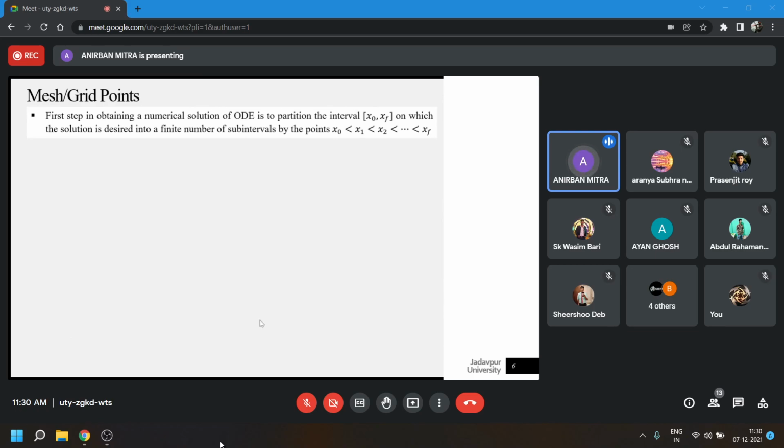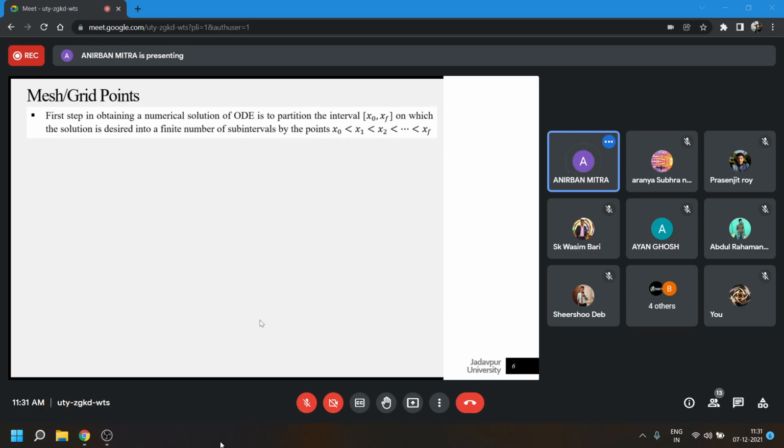So it is always a good idea to discretize the domain or zone of solution. The first step always in obtaining a numerical solution of an ODE is to partition the interval x0, xf on which the solution is required.